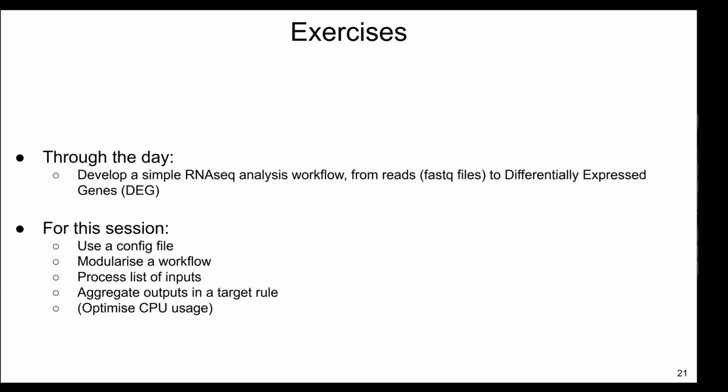And finally, aggregate outputs in a target rule, which is the famous rule all we've been talking about several times already. And if you have time, there is an extra exercise to optimize CPU usage for some of the rules. So if you have time to do this, or if you're more interested in this, go for it.